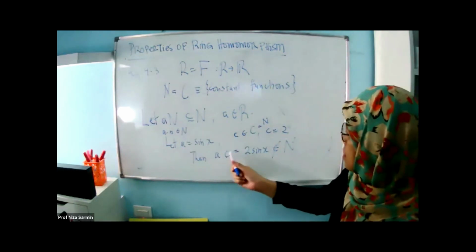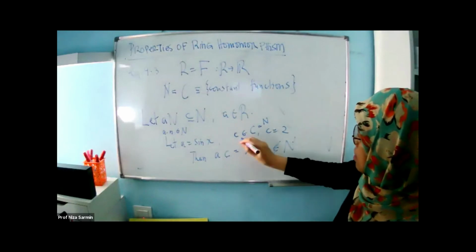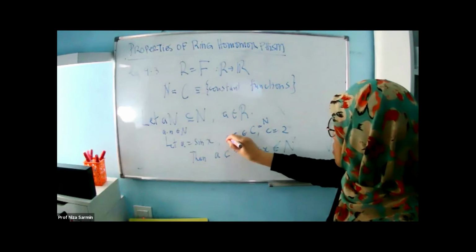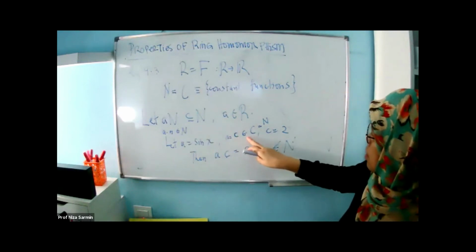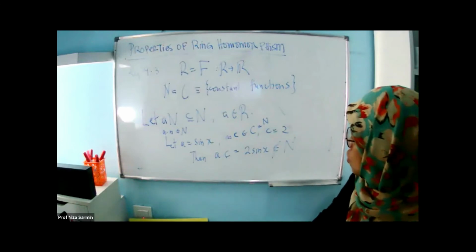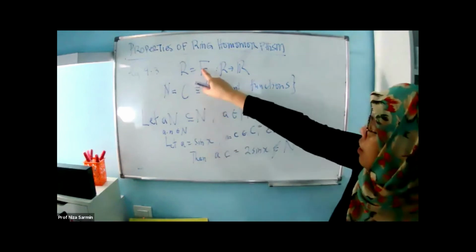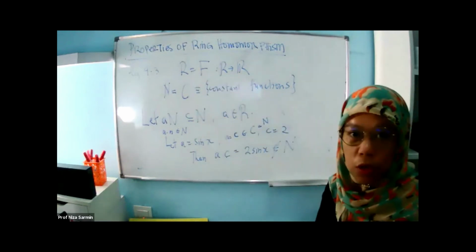But in this case, C is constant, right? So I use this N is C. A constant function is in the N. Say maybe just 2, right? So 2, and a is sine x in F. So it's not anymore constant.